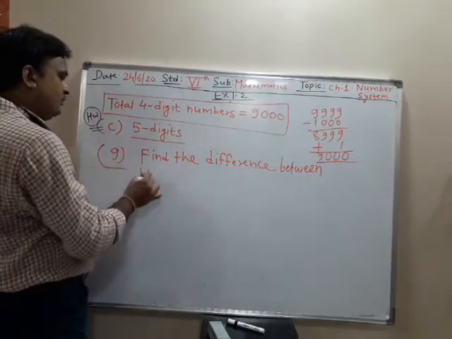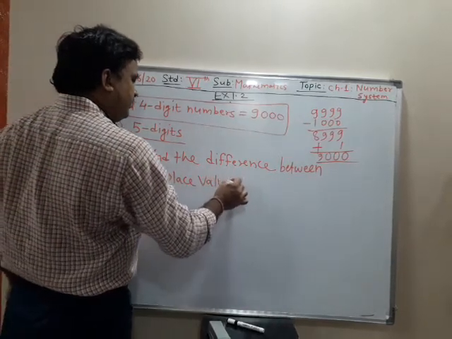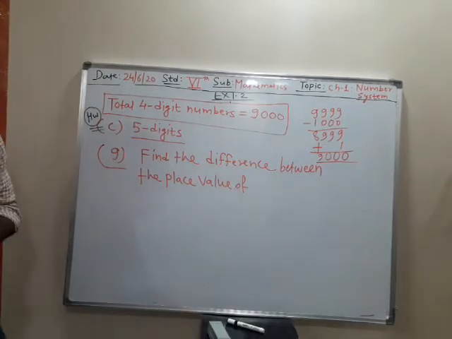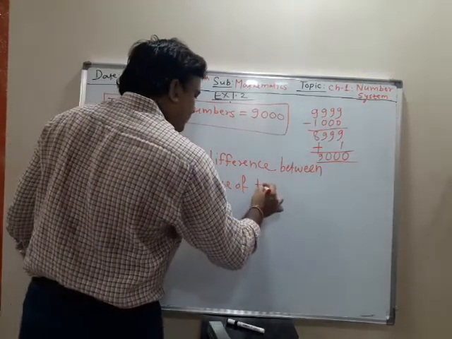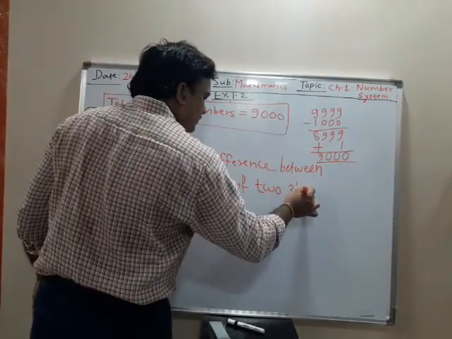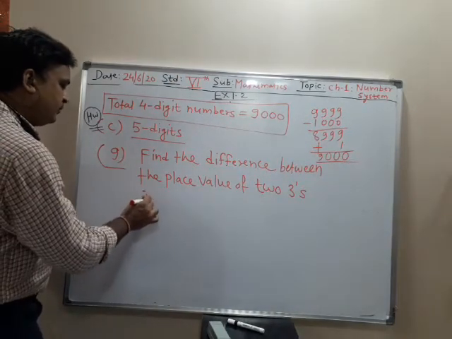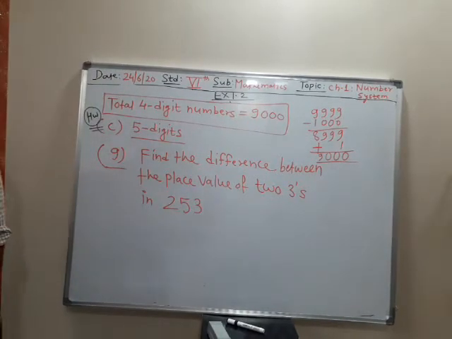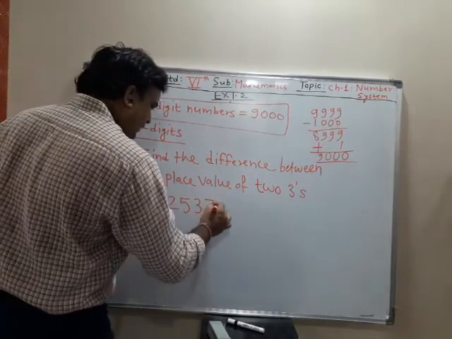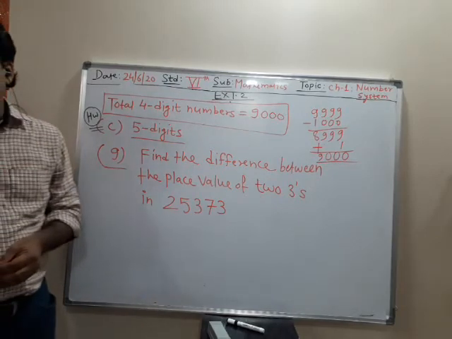Difference means minus. There are two threes in the number 25373. Find the difference between the place value of two threes in 25373.